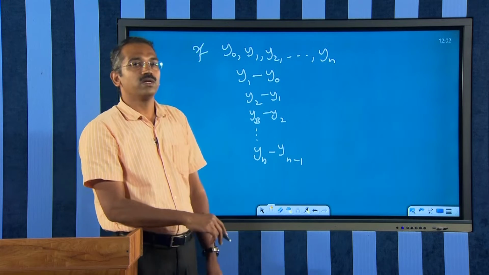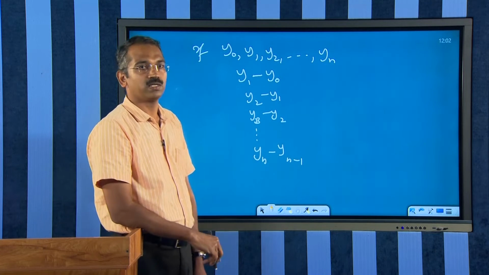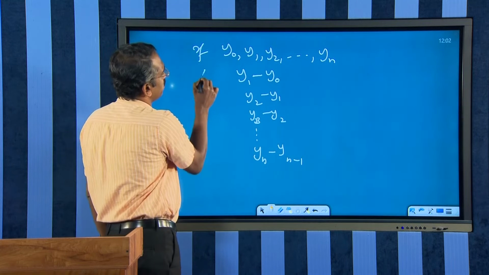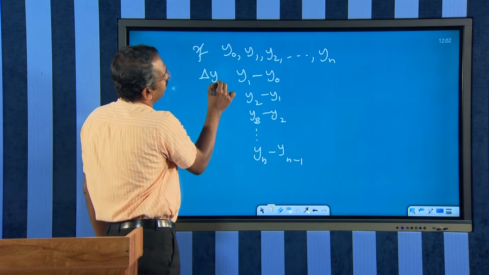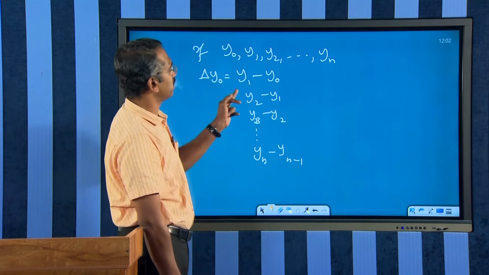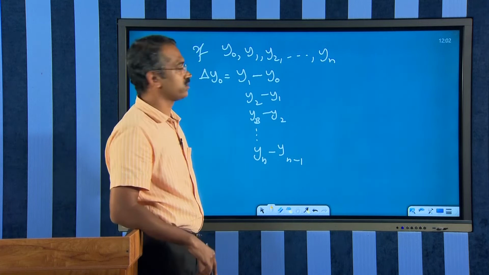These differences are called the first forward differences. This is denoted by delta y0. Delta y0 is equal to y1 minus y0.